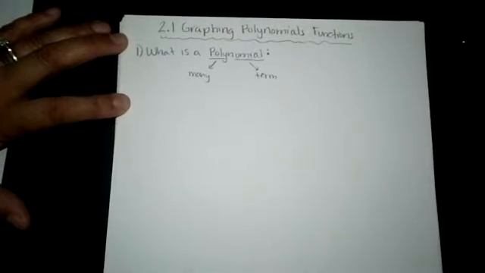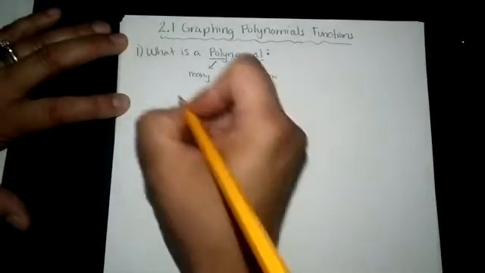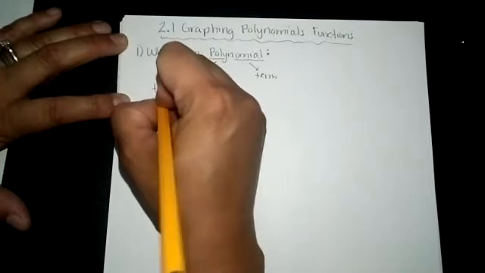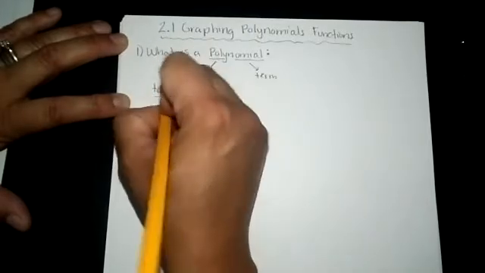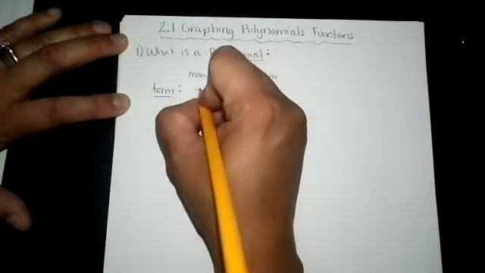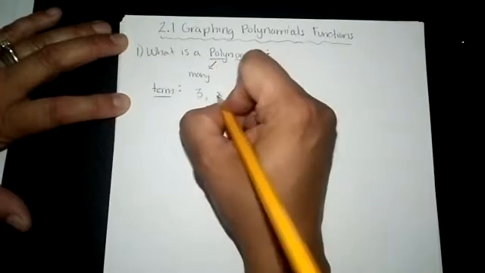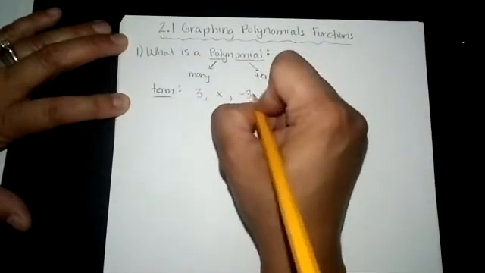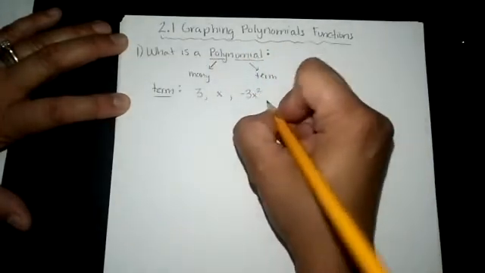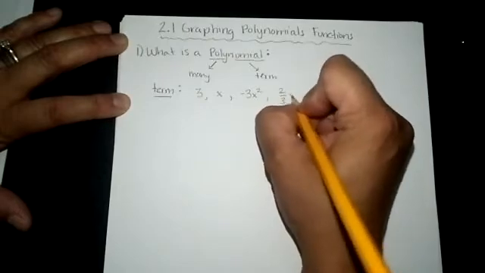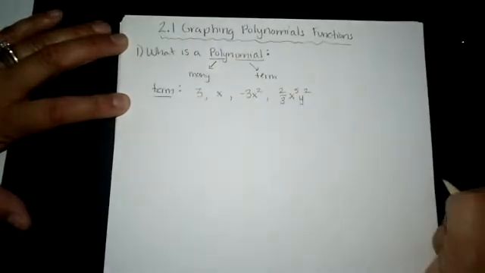Let's see if I can focus this more. Now, a term. A term is like 3x, negative 3x squared, that's a term. 2 over 3x to the fifth y squared is a term.